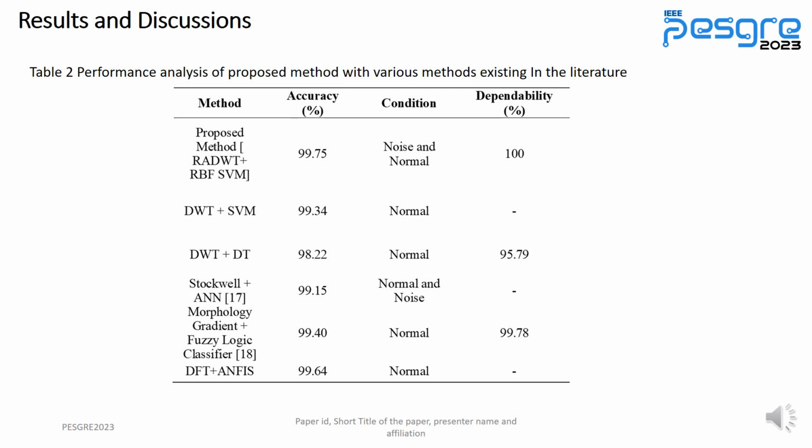The dependability of this method is 100%, while DWT plus SVM is 99.34, DWT plus DT is 98.22, Stockwell transform plus ANN is 99.15, morphology gradient plus fuzzy logic classifier is 99.40, and DFT plus ANFIS is around 99.64. The main advantage of this method is that we took both normal and noisy conditions, and the dependability is around 100% with a detection accuracy of around 99.7.